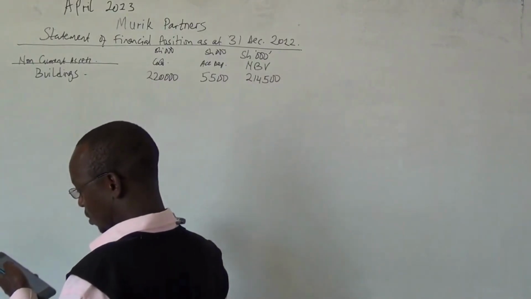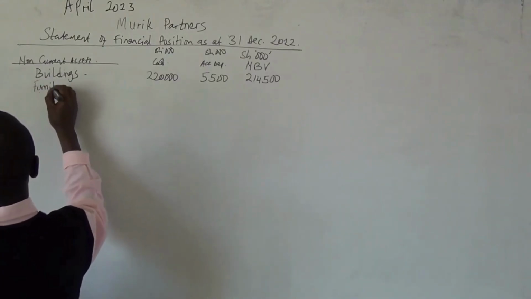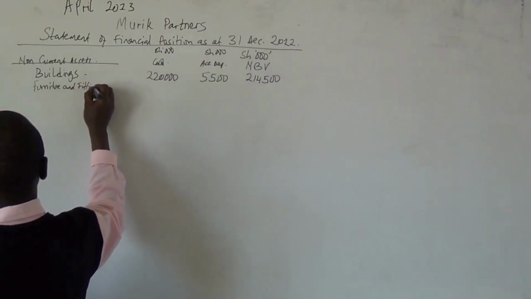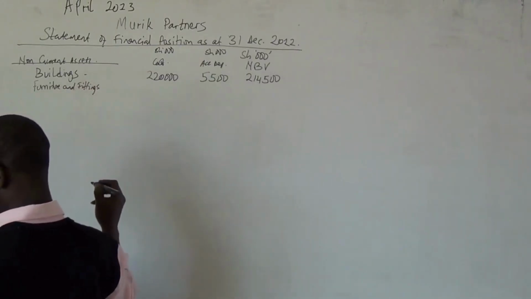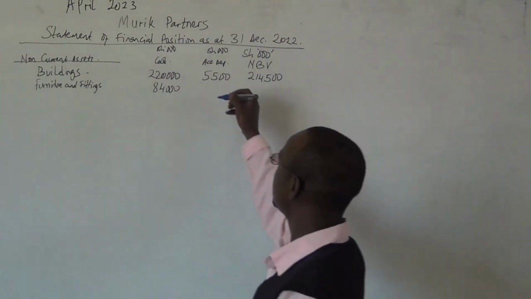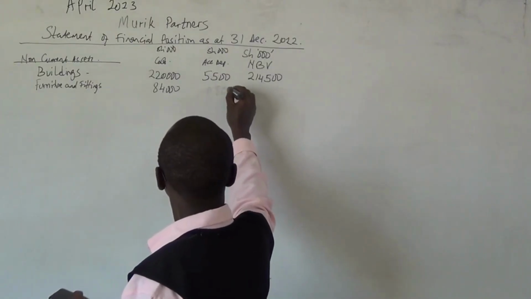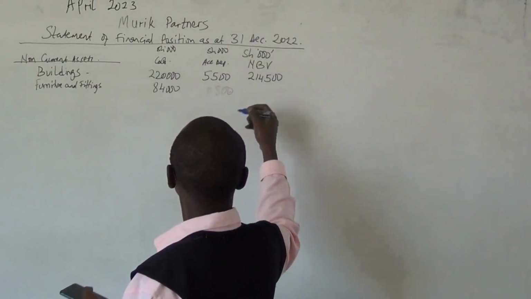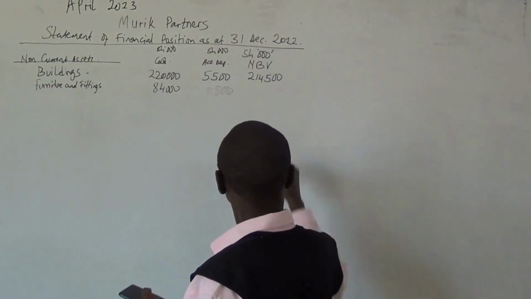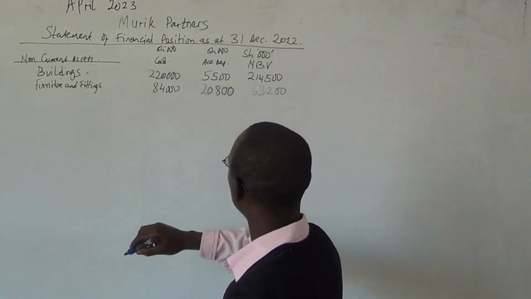Then the next item is furniture and fittings. Furniture and fittings, 8,400. Accumulated depreciation 20,800. And then the net book value, we have 63,200. Fine.